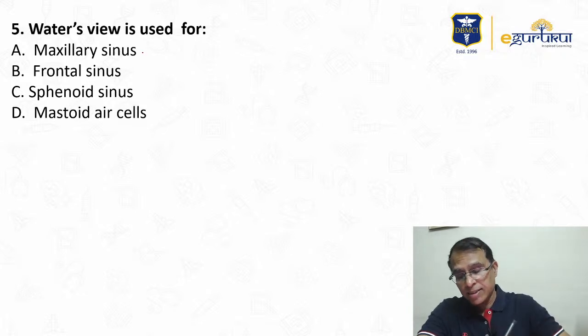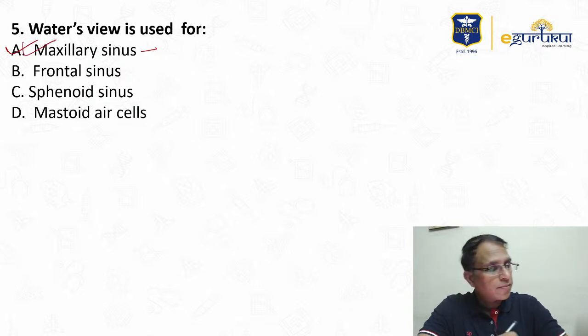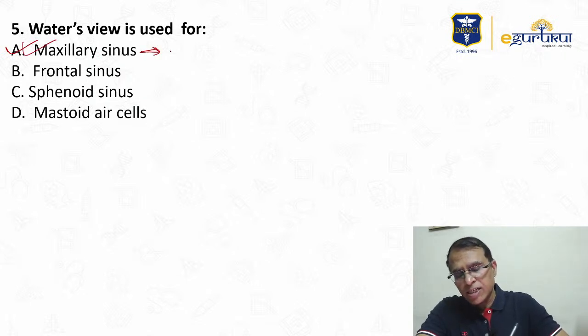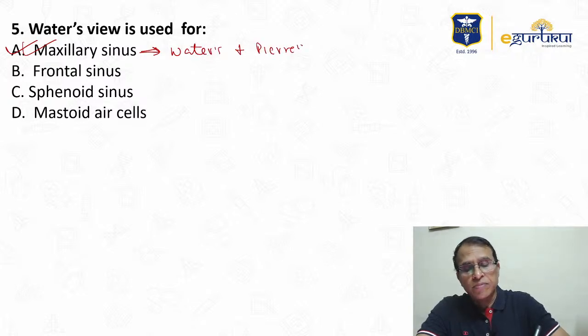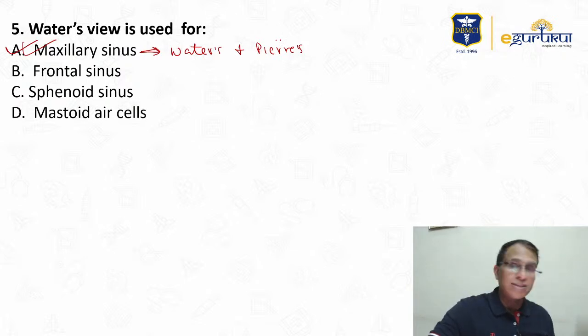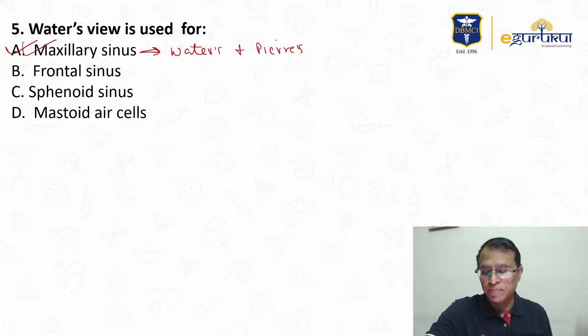Yes, maxillary sinus, isn't it? A. For maxillary sinus, we can do Waters view. We can also do Peerage view. If Waters is not given, Peerage is accepted, because both are occipitomental or mento-occipital views.